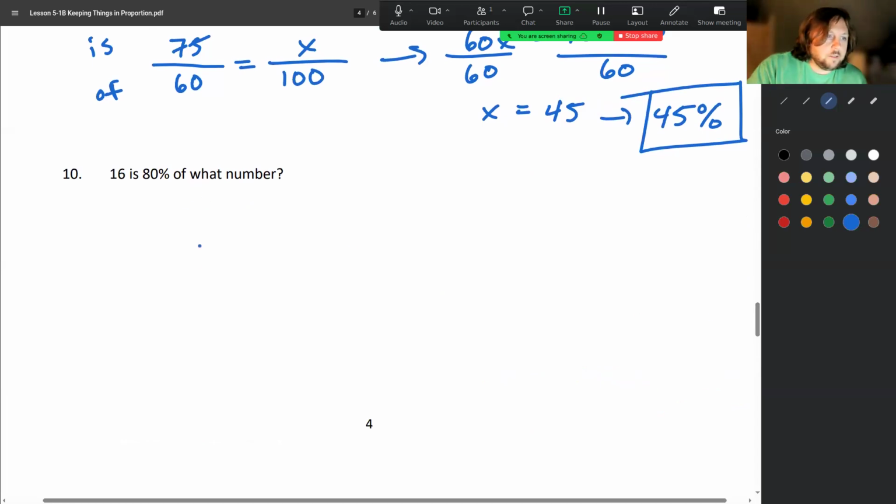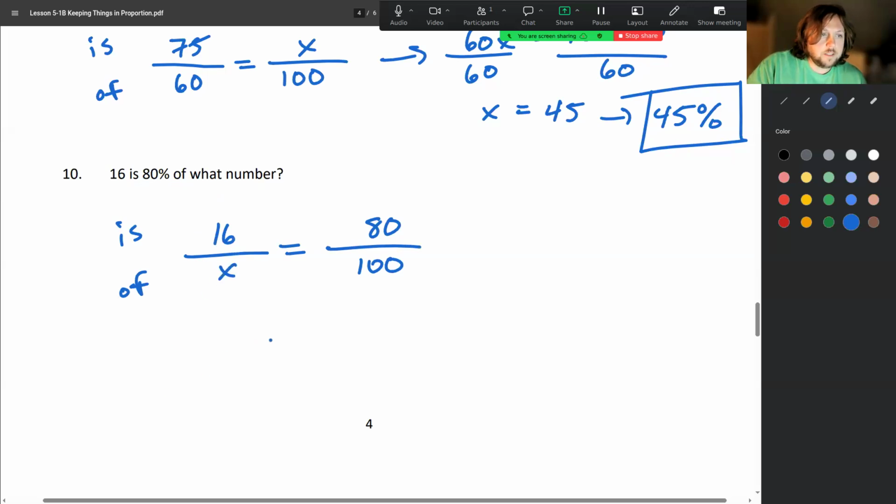16 is 80% of what number? Okay, is over of. So 80%, well, that 80 just goes over the 100. And then of what number 16 is. So 16 is going to go on top. X goes on the bottom.